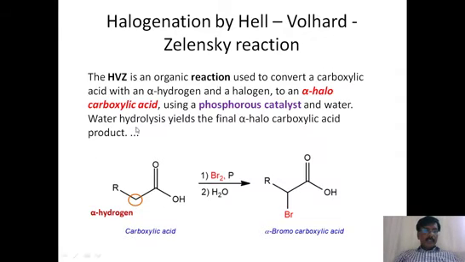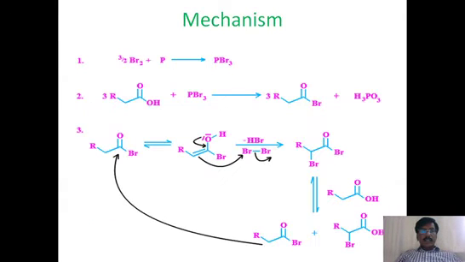That is very, very important to understand. The halogenation location, the position, is very important. It is at the alpha position only. It will not replace at the beta position. So that is the main point we have to understand.